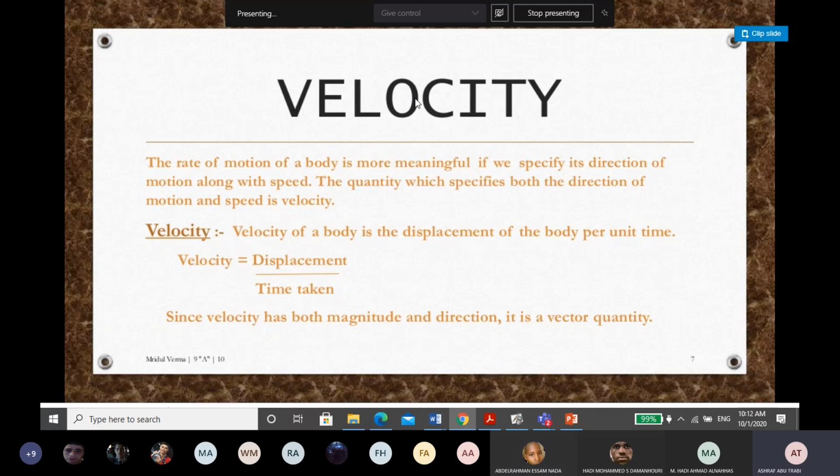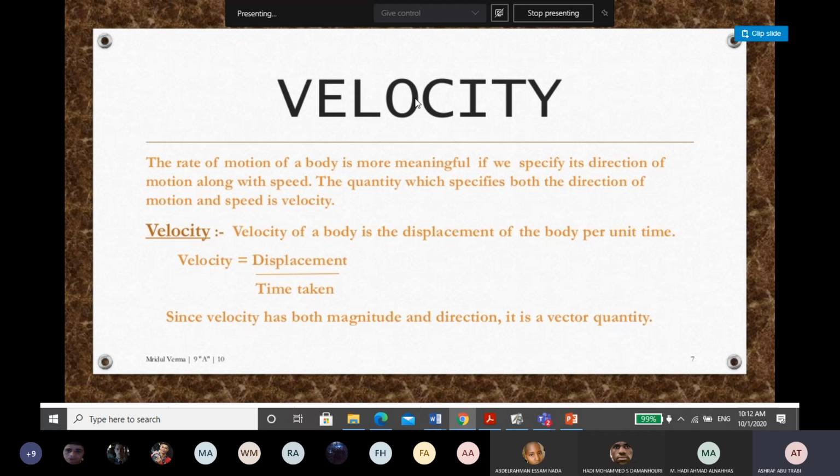The velocity is a vector, and you will see why. The velocity, guys, is the rate of motion of a body, and it is more meaningful if we specify its direction.